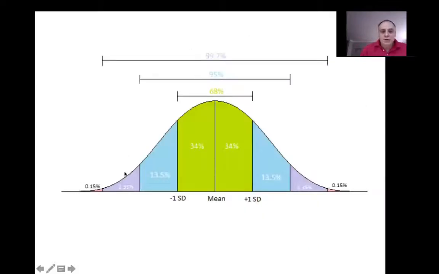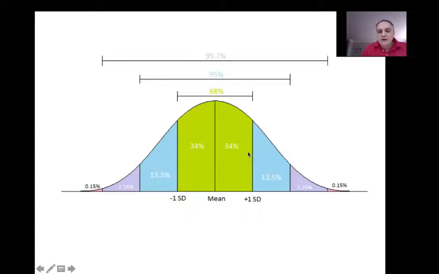So this would be your normal distribution curve. The important thing for you to understand here is that this point in the middle would be your mean. Half the points lie above it, half the points lie below it. We will show you just now how to calculate a standard deviation.